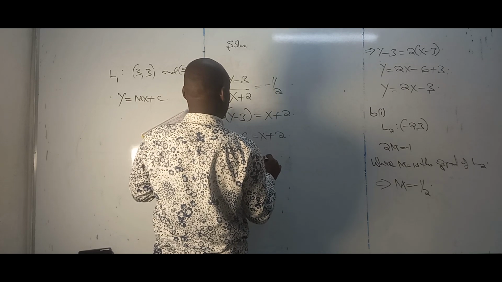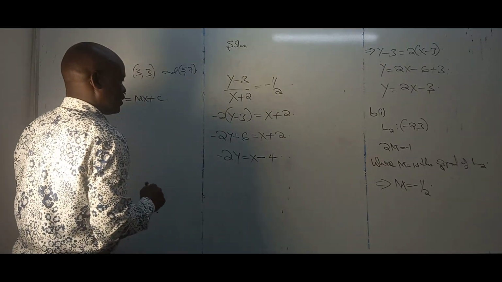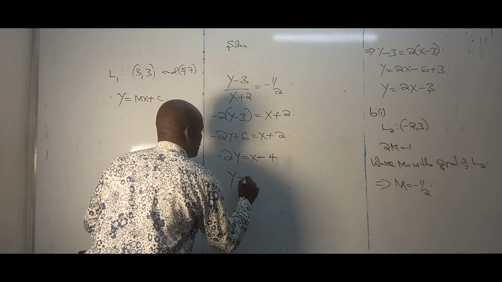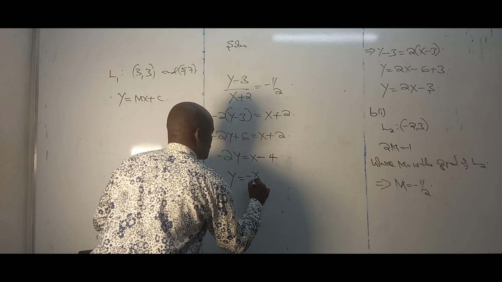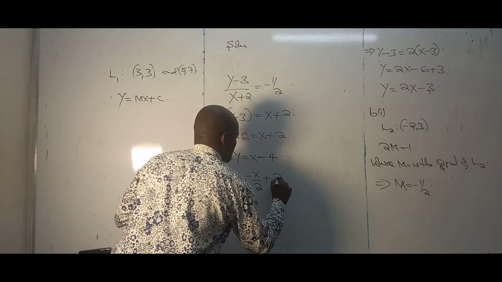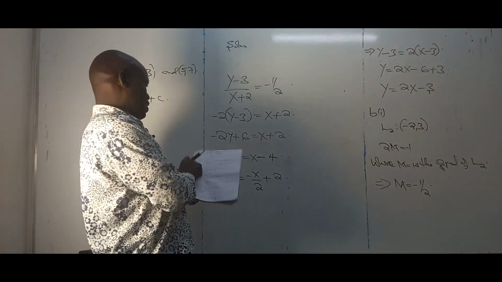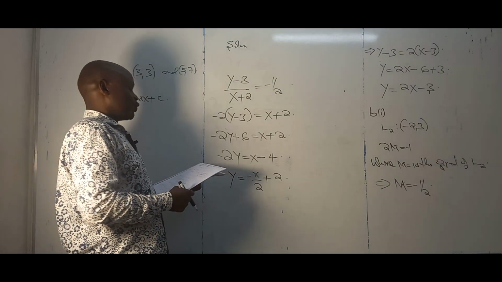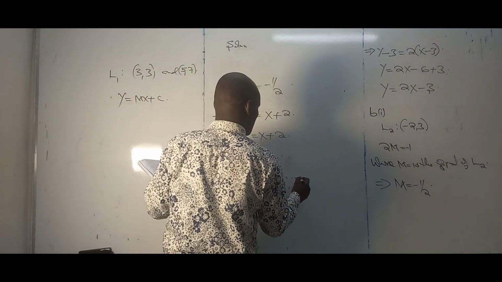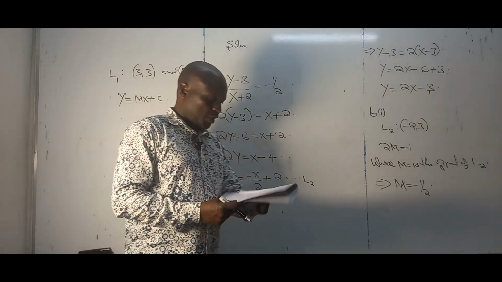So y will be -x over 2 plus 2. Negative x over 2 plus 2. That's the equation of line L2.